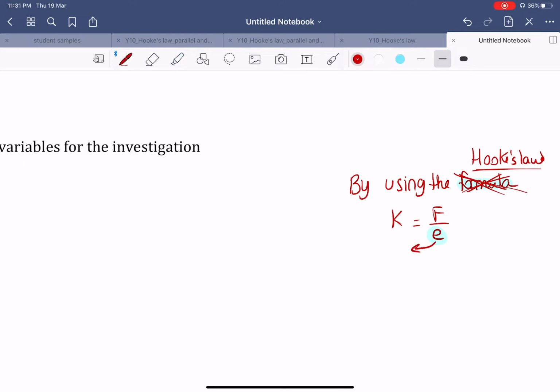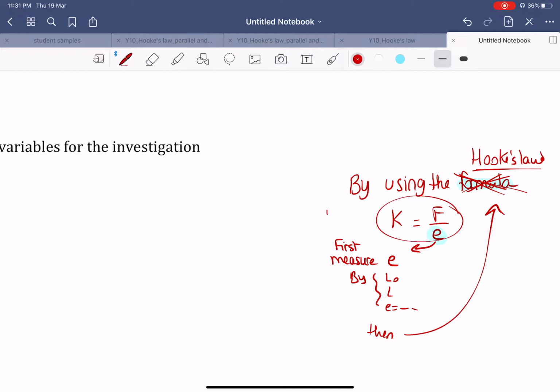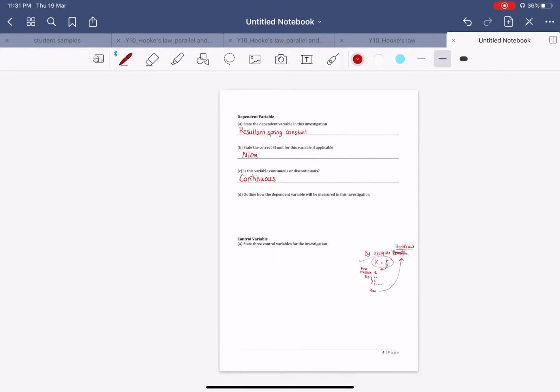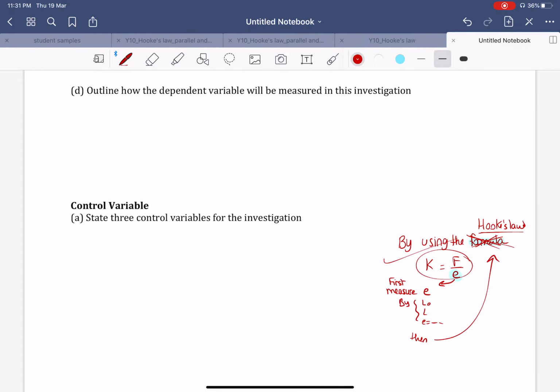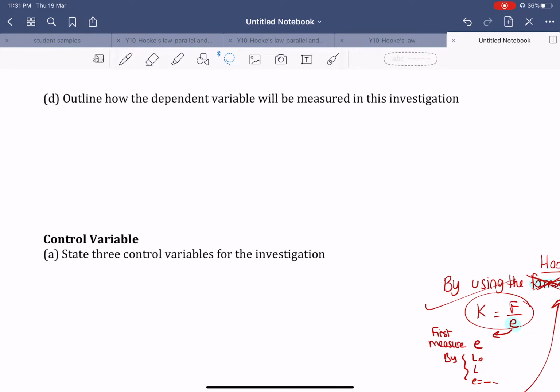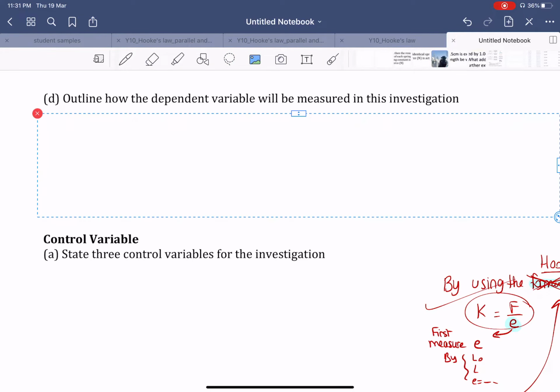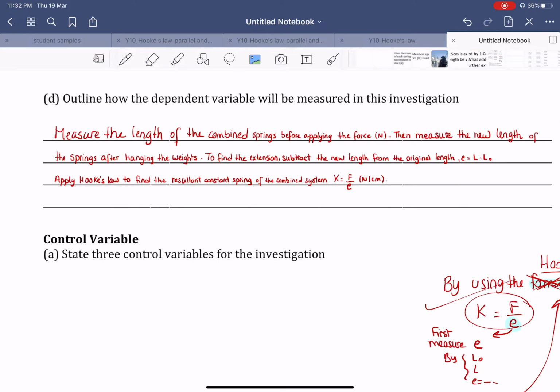So you need to say, first, measure or record E, and you explain how you find L0 and L, and then you do the subtraction. Then apply Hooke's law and apply this formula, and then yes, you got a good answer. By just saying using the formula, I'm sorry, you won't get the mark that you desire.